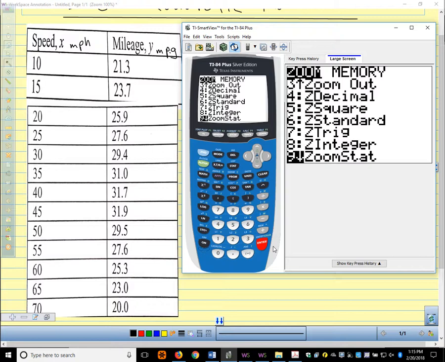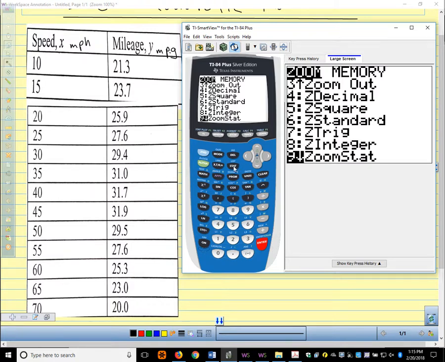So if we connected this with a nice curve, what is it going to look like? Looks like a parabola. So we think that maybe a quadratic function is going to model this data. So let's get the calculator to give us a quadratic function that models this data.